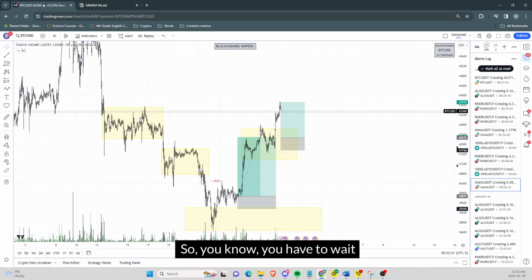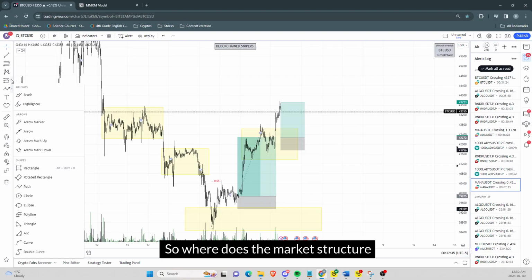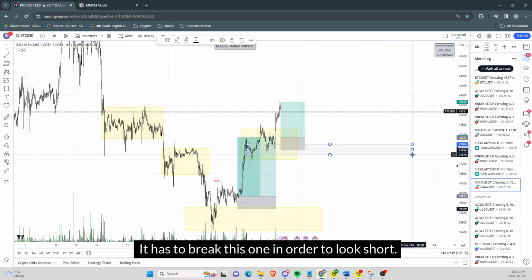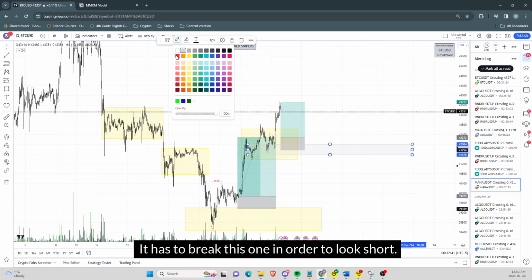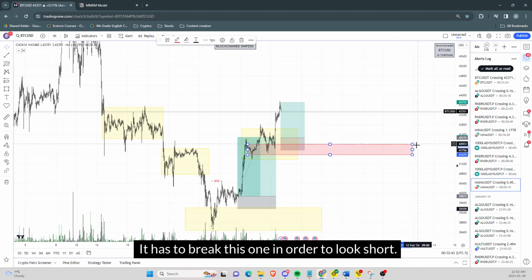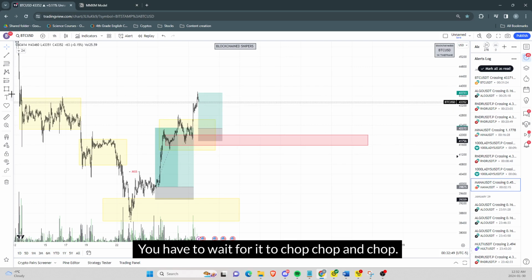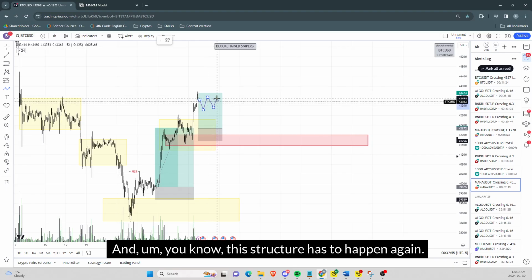So you have to wait for the market structure shift to happen. So where does the market structure shift happen? It happens here. It has to break this one in order to short. That's why I told you you cannot short until this level is gone. You have to wait for it to chop and chop, and this structure has to happen again.